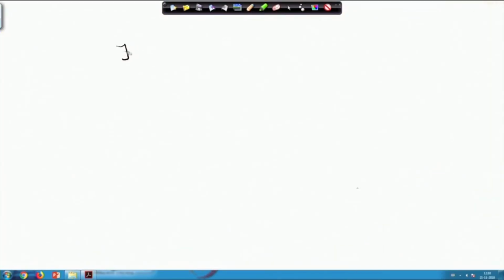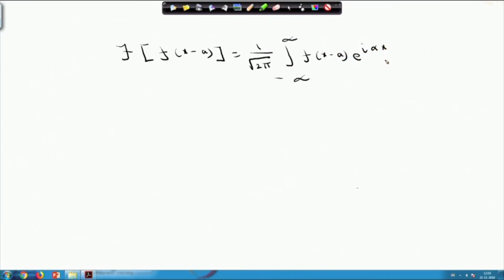We are starting from the left hand side, that is Fourier transform of f of x minus a. This equals 1 by root over 2 pi, integral from minus infinity to infinity, from the definition, f of x minus a into e power I alpha x into dx.